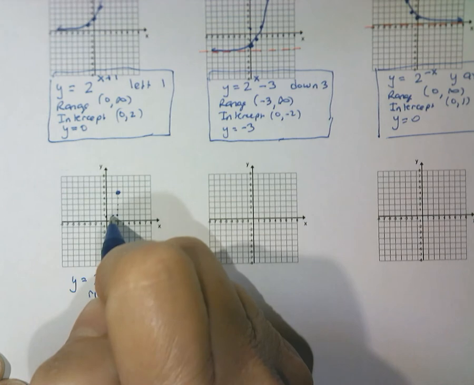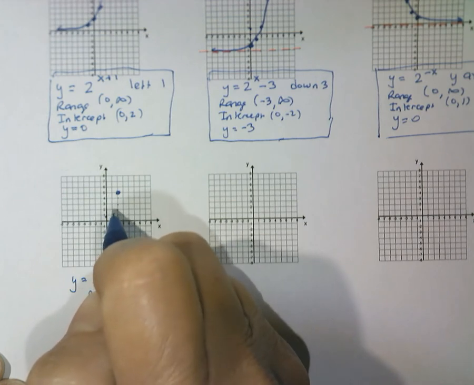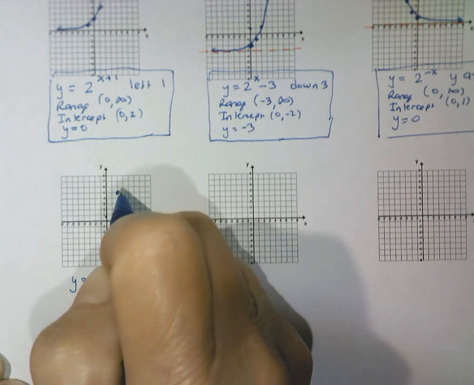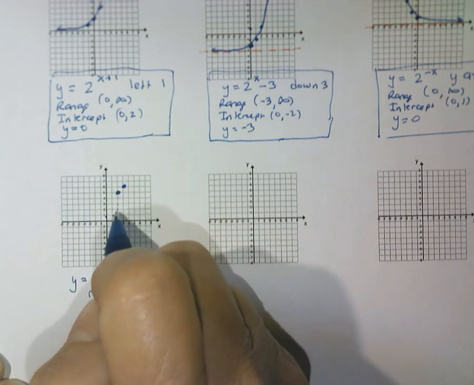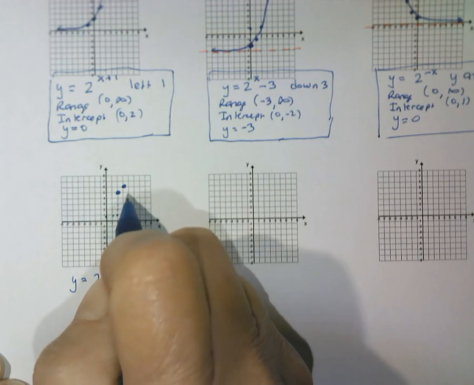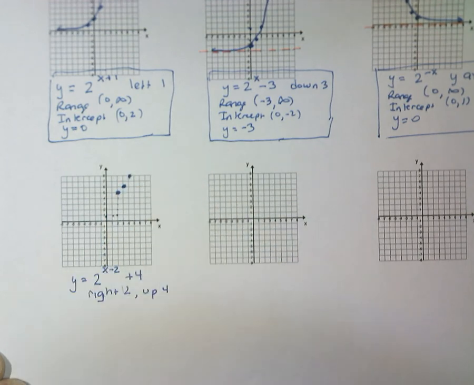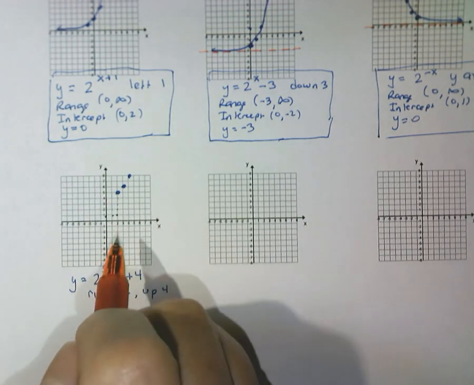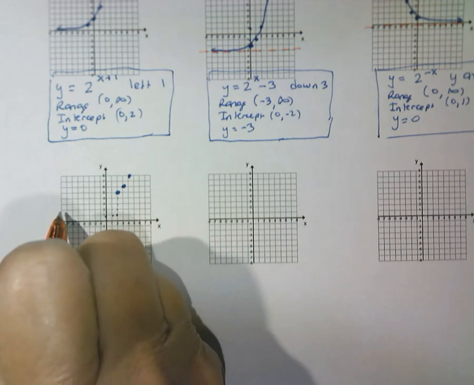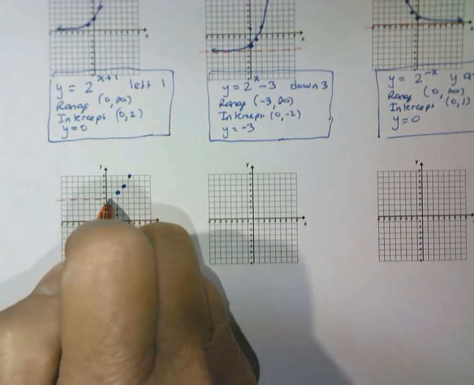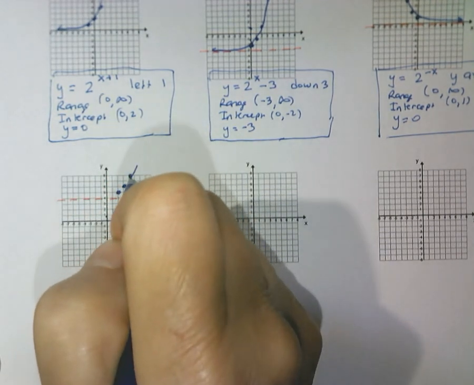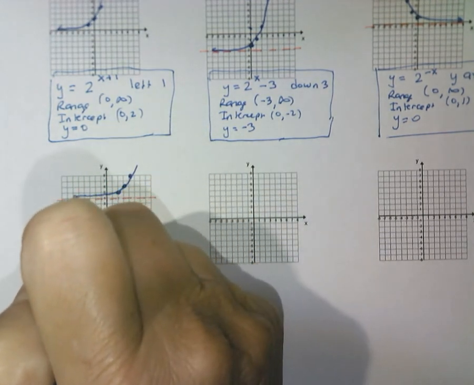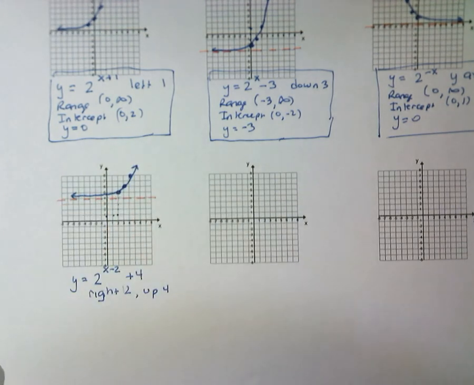I start with point 1, 2, I go right 2, up 4. Then I go to the point 2, 4, I go right 2, and up 4. And I'm going to draw my asymptote also. It's going to make this easier to see. If I went up 4, my asymptote is going to move up 4. So when I draw that, I don't want to cross it. So it's going to come down and just slide right along it.